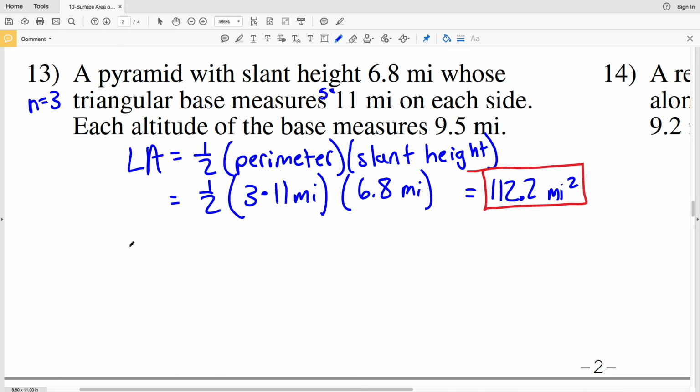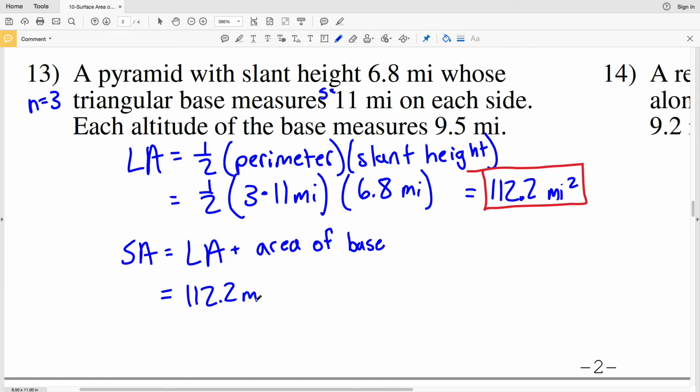Now let's calculate surface area. Surface area equals lateral area plus the area of a base. Now our lateral area is 112.2 miles squared, the number we just calculated, and for the area of the base, it says that the altitude of the base measures 9.5 miles. So for a triangle, we have to take 1/2 of the base times the height. And if each side measures 11 miles, that's 1/2 of 11 miles times that altitude or height within the triangle of 9.5 miles.